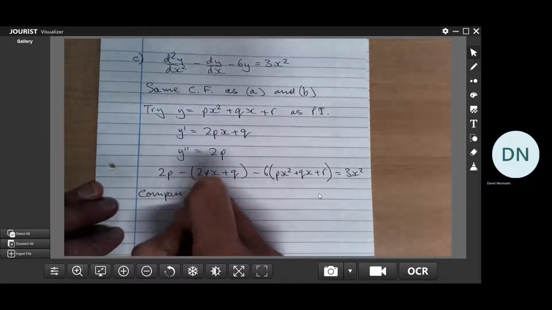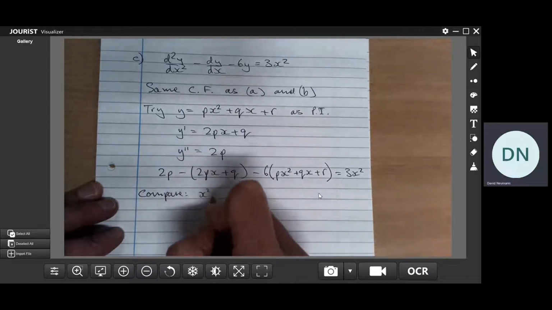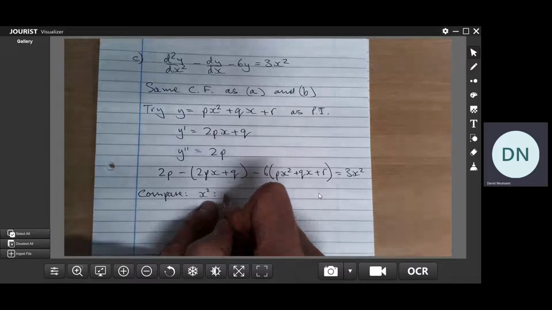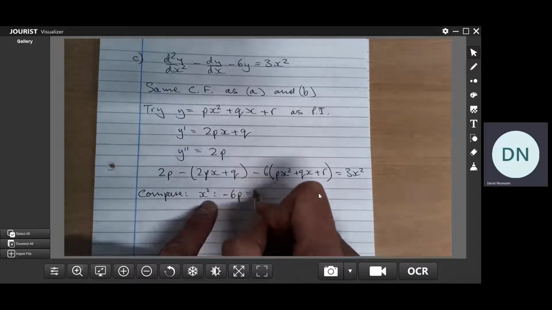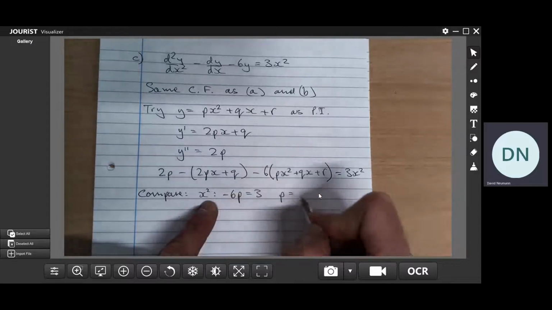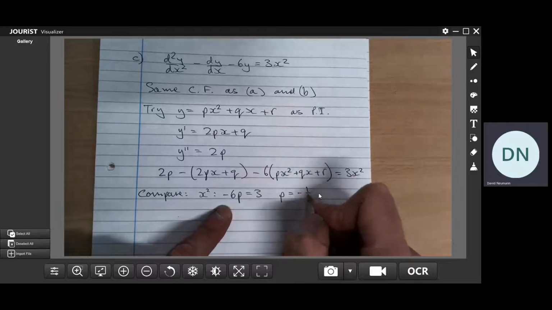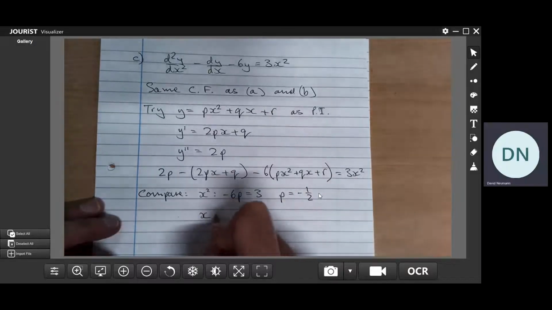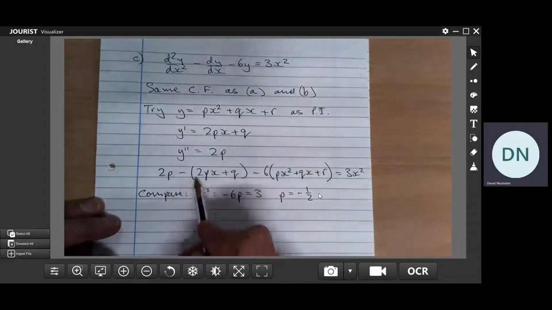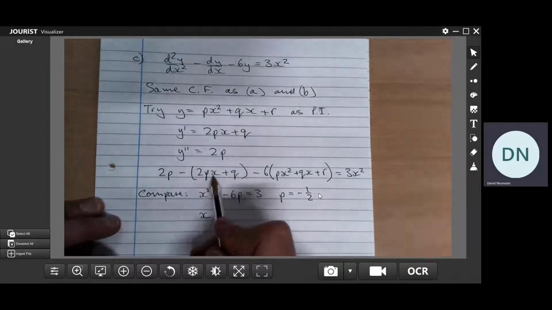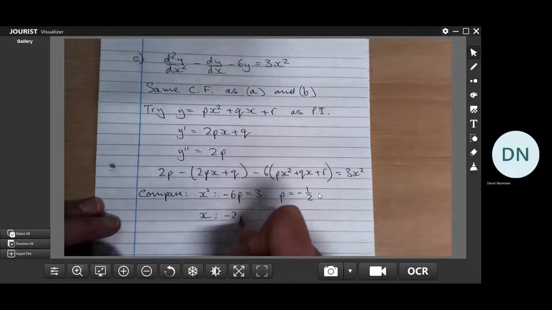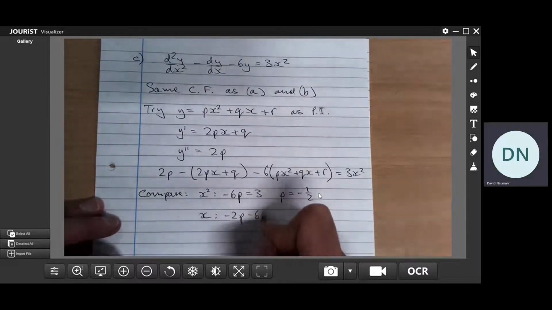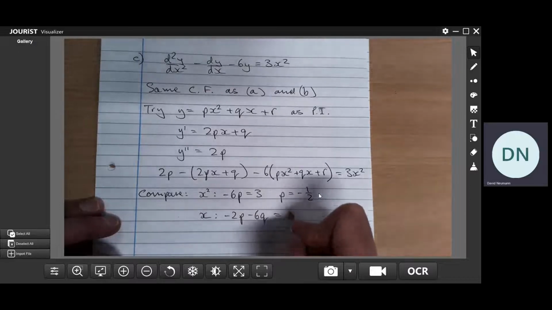Compare x squared. Well, the x squared just comes from here, so we've got minus 6p is equal to 3, so p is equal to minus a half. For x, what have we got? Well, we've got minus 2p here, we've got minus 6q there is equal to 0.